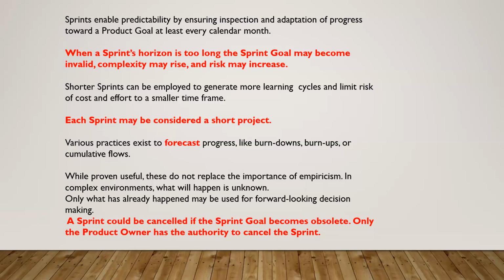Got it? So a sprint can be cancelled only by the product owner, if he thinks the goal is obsolete, you are not able to achieve it, or it has become so old that it's not good to work on. Then they can stop that particular sprint. So this is all about the sprint.